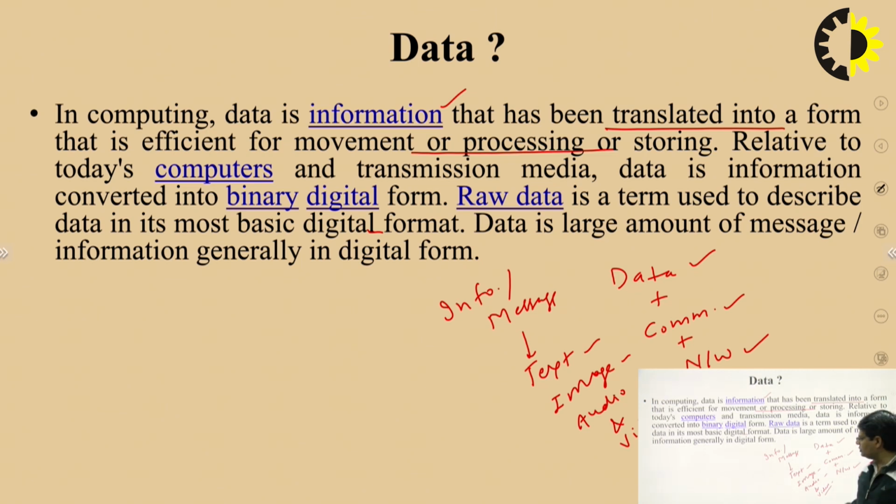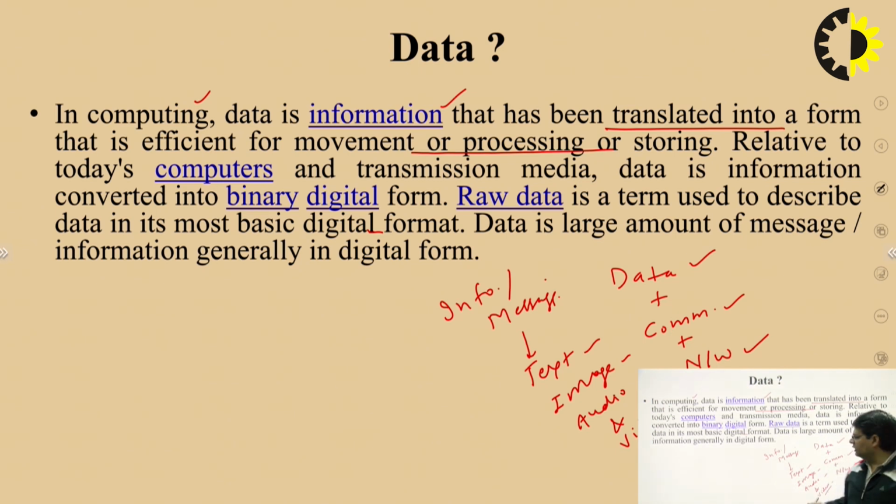When we have to use this message or information in the case of computing, or whenever we have to share the message or information, it needs to be translated into a form that is more suitable for transmission, storing or processing.